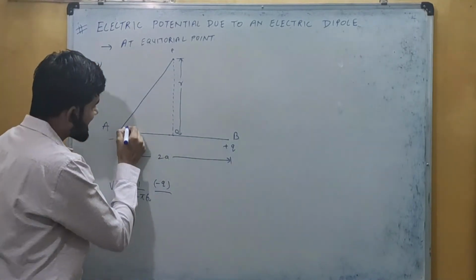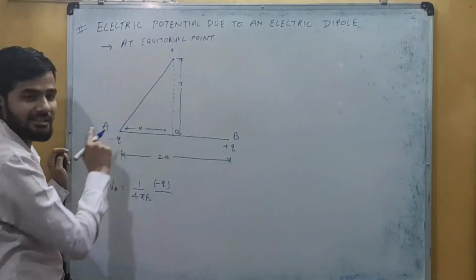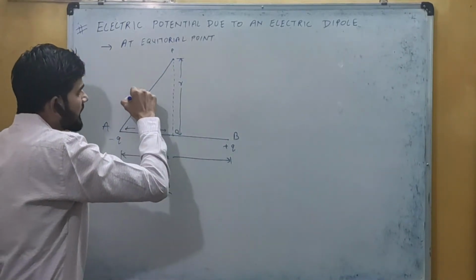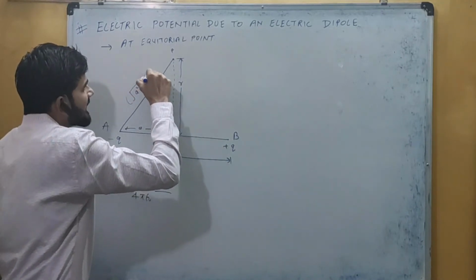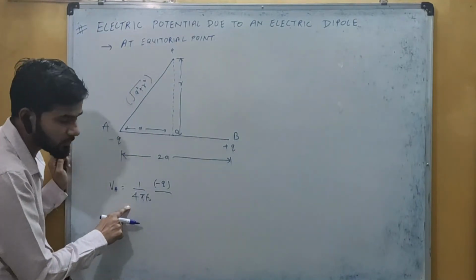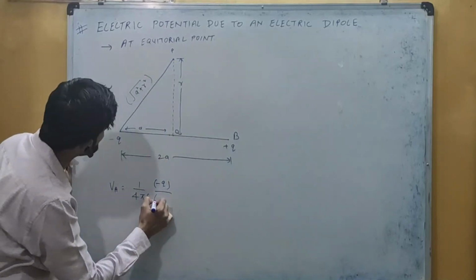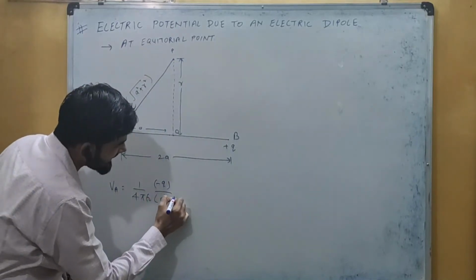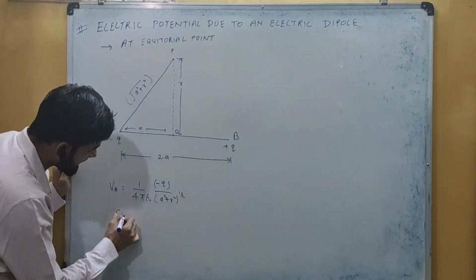Here this distance is a and this distance is r, so this distance is the root of a square plus r square. So V equals 1 by 4 pi epsilon naught q by r, where the distance from A to P is a square plus r square raised to the power 1 by 2.